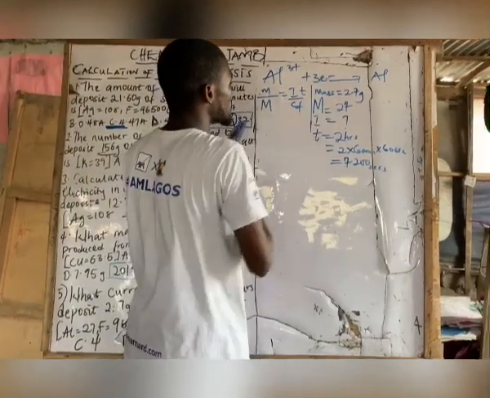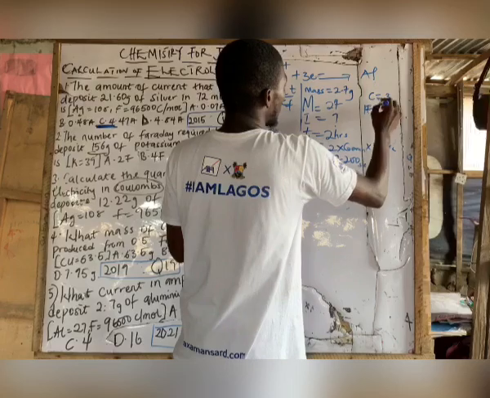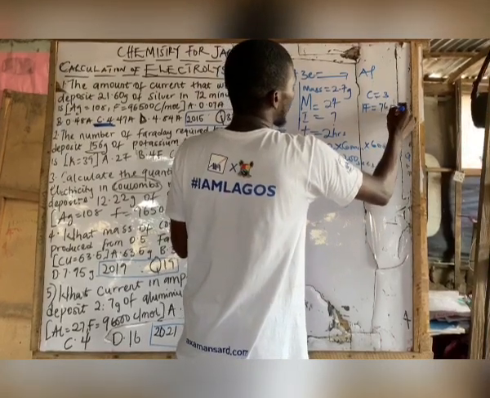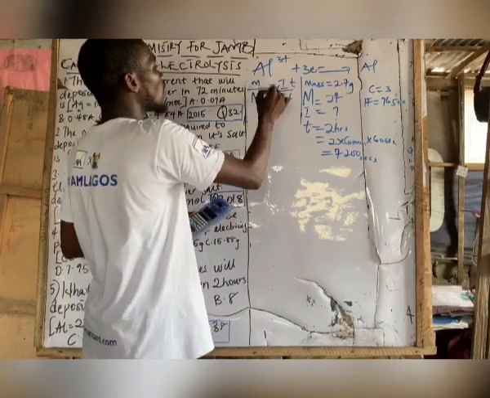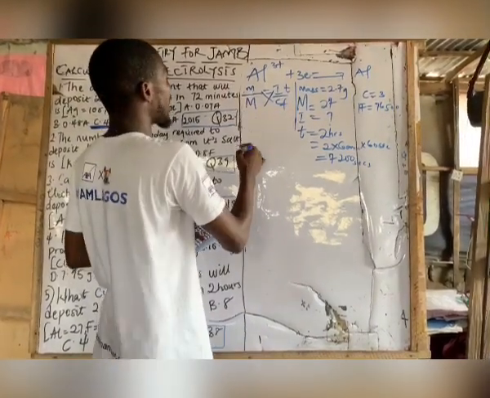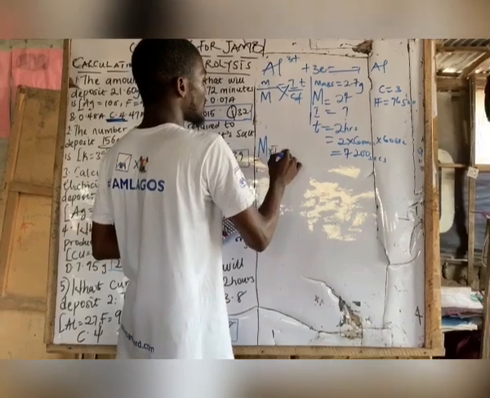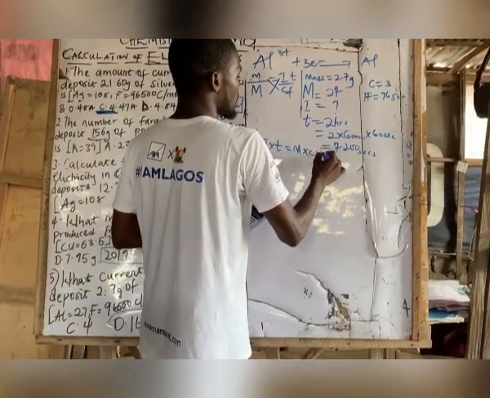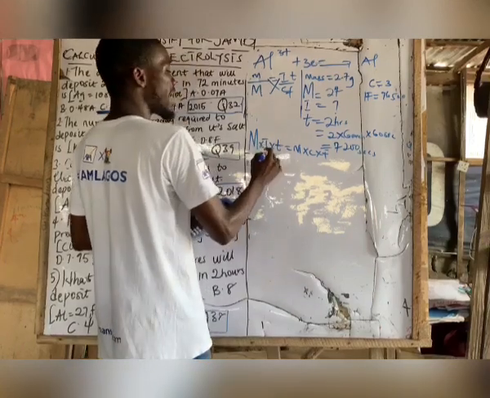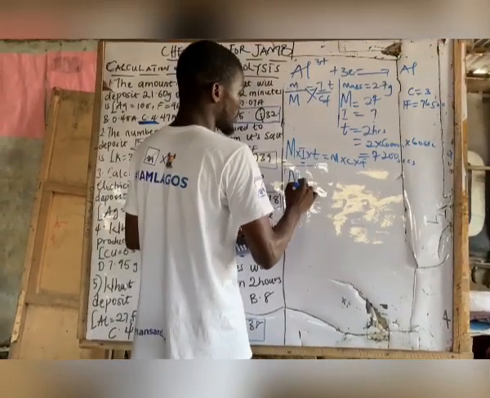This 3 is the same thing as the C, our F is the Faraday constant. So with that, we are going to look for I. When you cross multiply, you have molar mass multiplied by I multiplied by T is equal to mass multiplied by C multiplied by F. We have to make I the subject of formula.